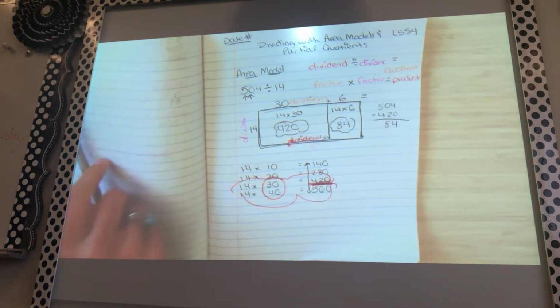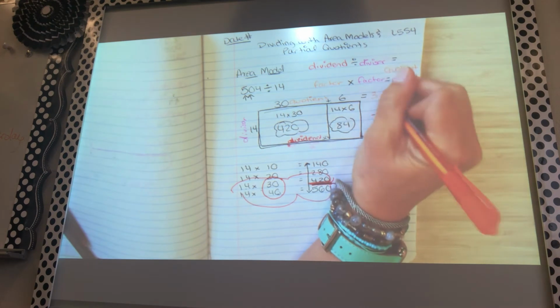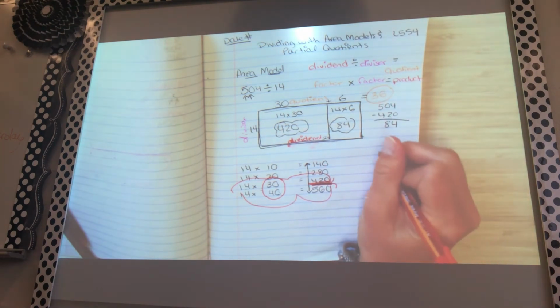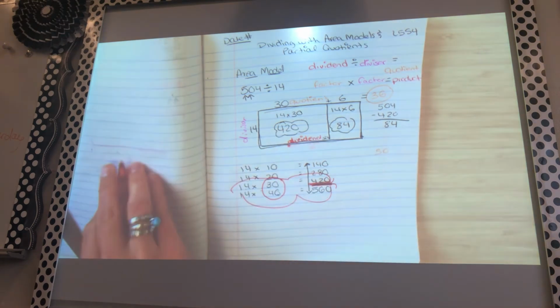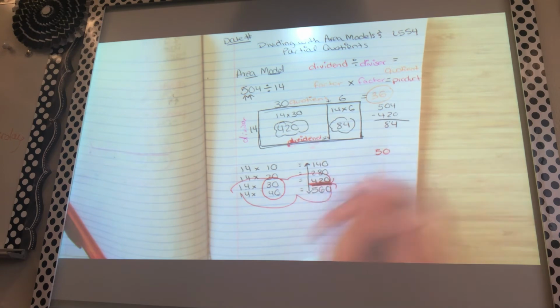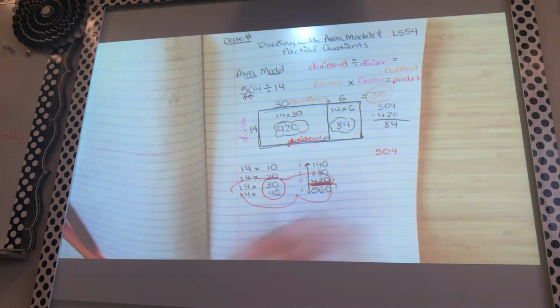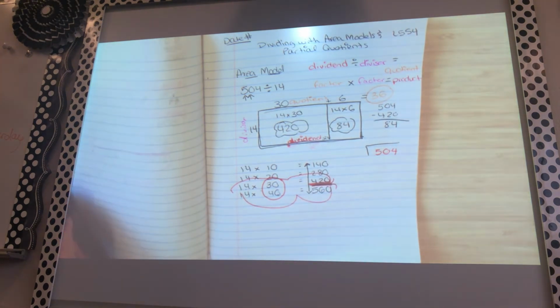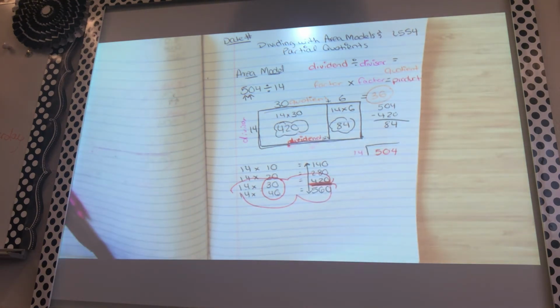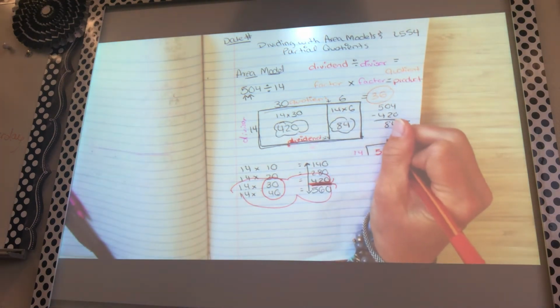My quotient equals 36. And I know if I divide 504 divided by 14, it's going to equal 36.